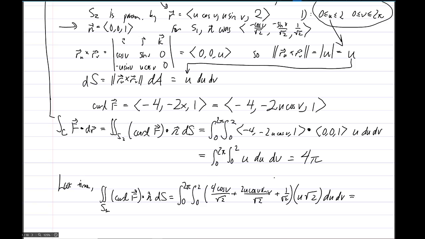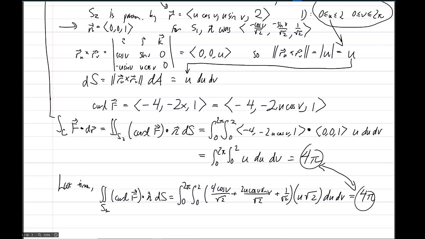I'm not saying this integral is impossible, but it's certainly a lot more work than the integral that we did here, and you would still get a 4 pi. The point is that these final results match, as they should. The whole thing going on here with Stokes' theorem, using it twice, once backwards and then once forwards, is going from integrating the curl of a vector field over a surface to instead looking at the line integral over the vector field itself instead of the curl.